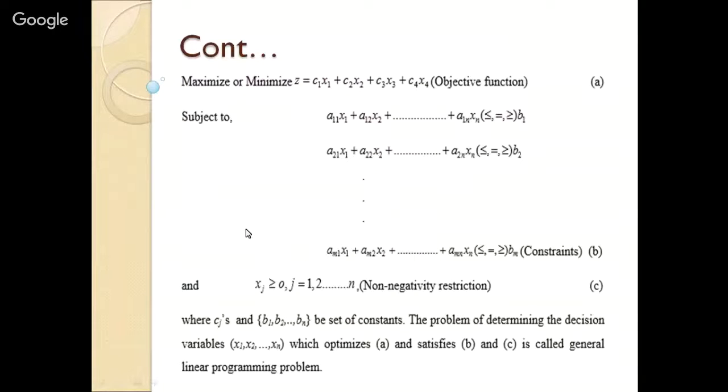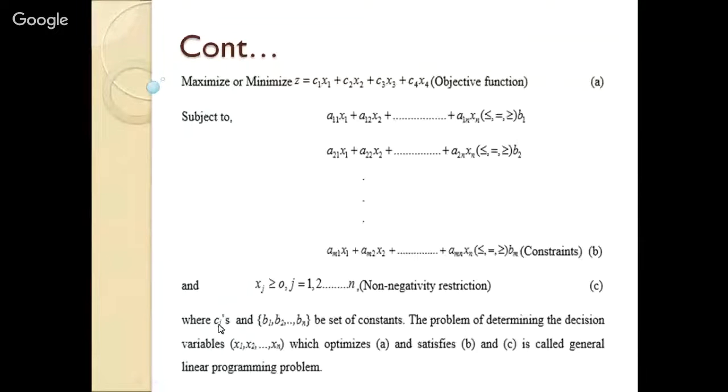This is the general format of LPP. In this format, we have maximize or minimize Z = C1x1 + C2x2 + ... This is the objective function. Subject to, this is the set of constraints. We have taken m number of constraints, and all variables are non-negative. This is called the non-negativity restriction, where Cj and B1, B2 are your parameters.